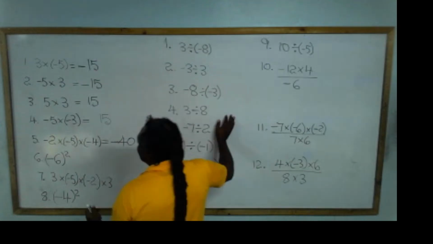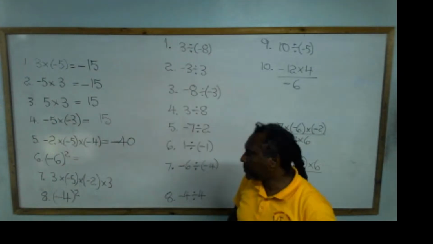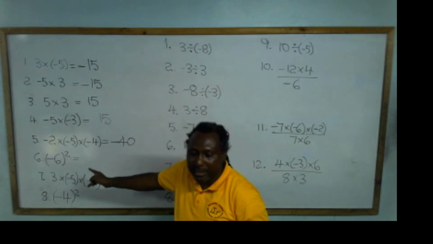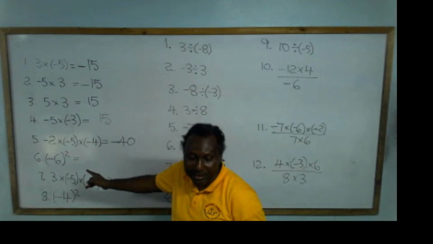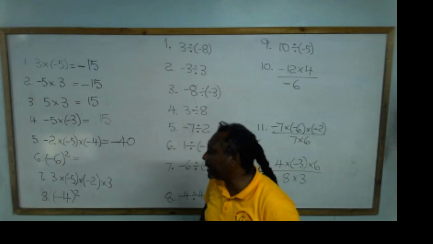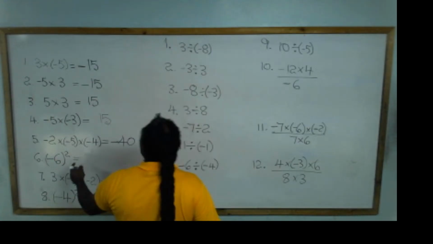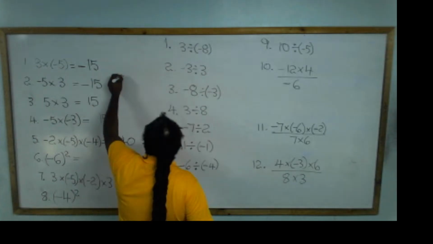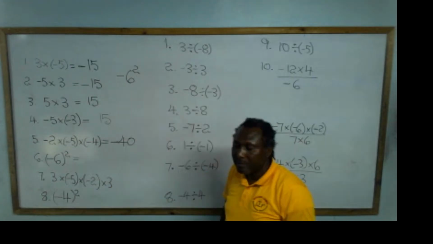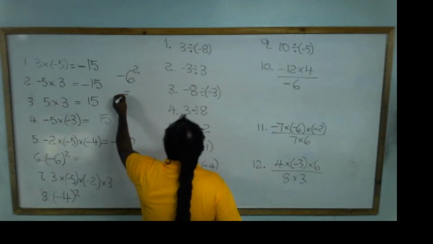Now, students, I dare say that the way that students input their values in the calculator, you will get a wrong answer from time to time. For example, if you try to square negative 6 in your calculator, negative 6 squared, the answer that the calculator will give you is negative 36, which is not correct.